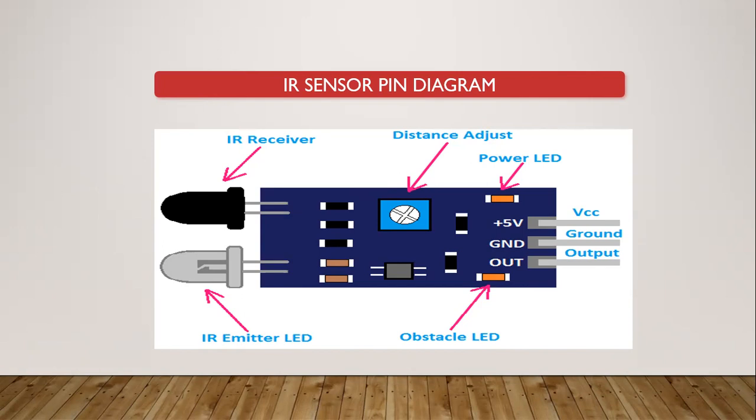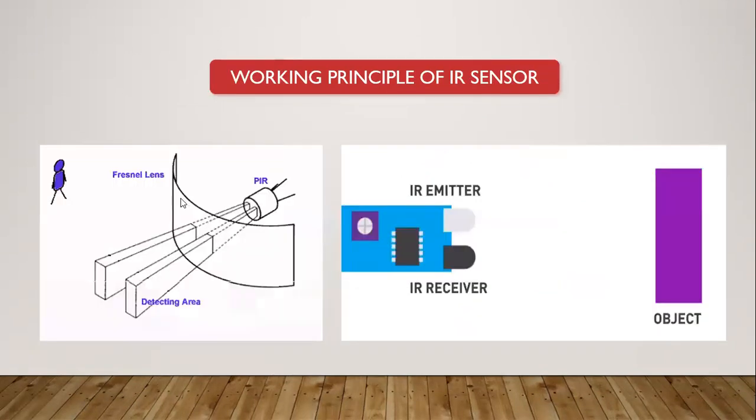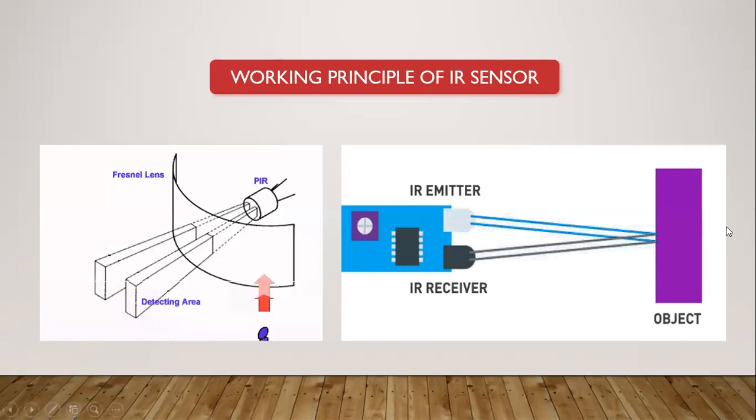Now we will see how it works. How can it detect the object? If you observe this diagram, as we said, we have a transmitter and receiver. In the transmitter, we use a light emitting LED. How it detects an object is that this IR sensor emits infrared rays.